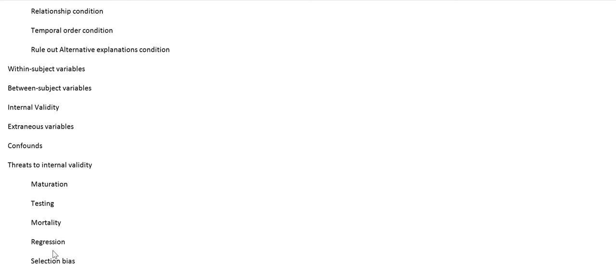Regression threat to internal validity occurs when you select people who score either very highly or very low on a measure. So if you deliberately select people from the get-go that score very highly or very low on a measure, you're going to potentially run into this issue of regression to the mean.